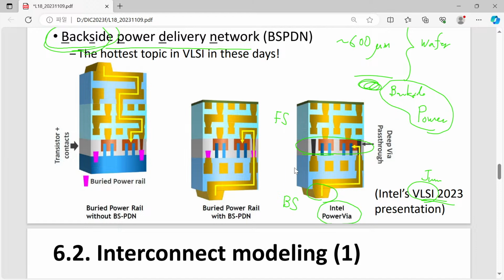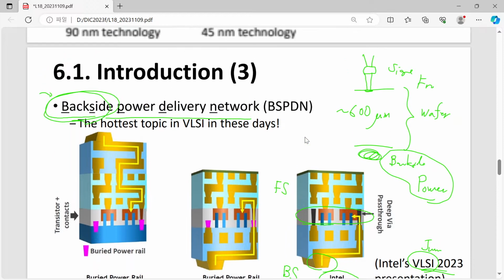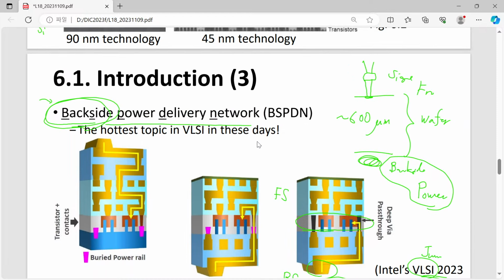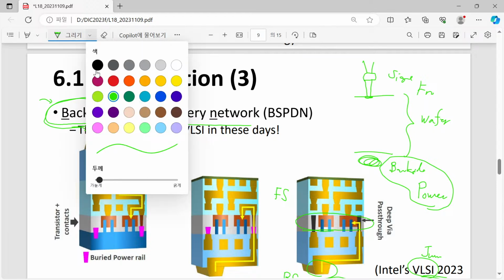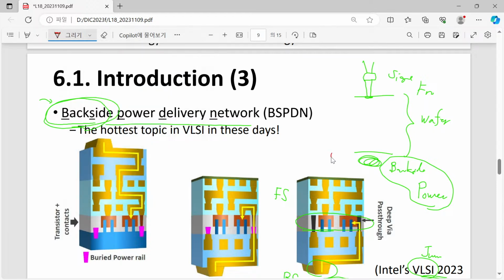So in order to achieve this goal, there are many things required. You want to send your signal from the bottom. Oh yes, I have VDD here. Then I will just feed my VDD to this small transistor shown here. This pretty one. Then how can you do that?